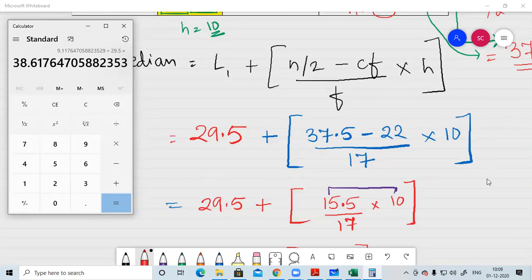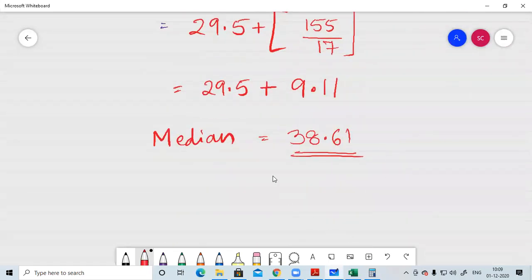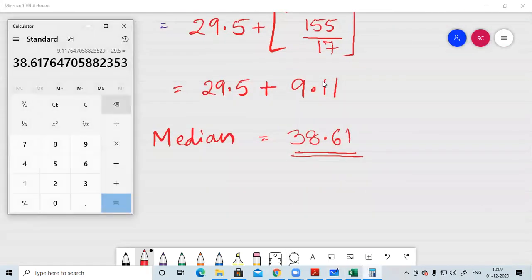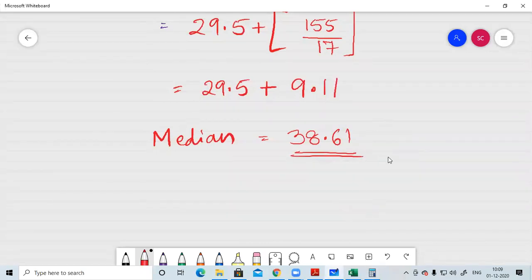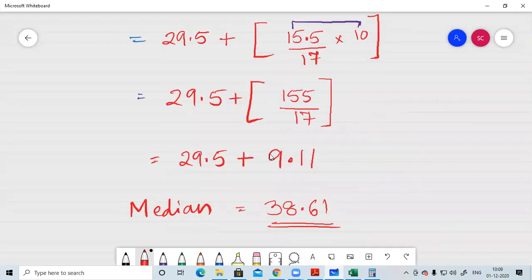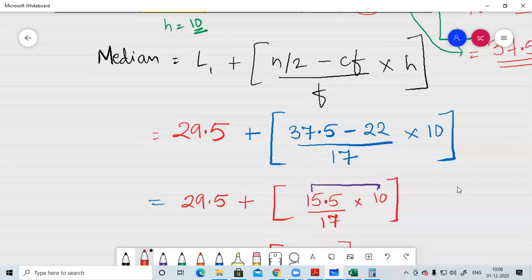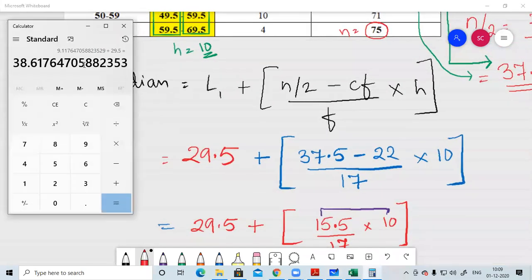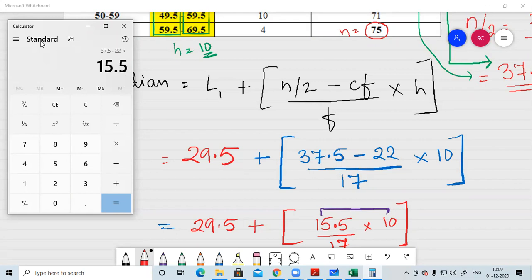So you can either write it as 38.617 or 38.62 or 38.61. Did you understand how to do this calculation? Yes, sir. So all the steps below, that is 1, 2, 3, can be dropped. You can save some time if you practice how to use the calculator. I'll just repeat it once. You do 37.5 minus 22 into 10 divide by 17 plus 29.5. Are we clear with this? Yes, sir.